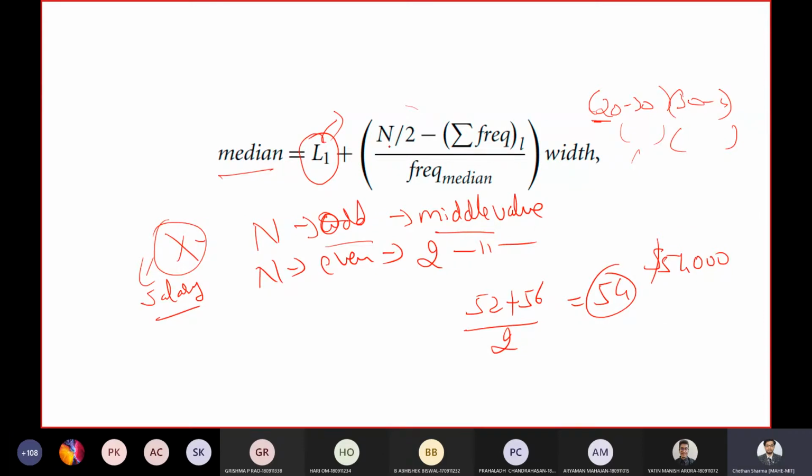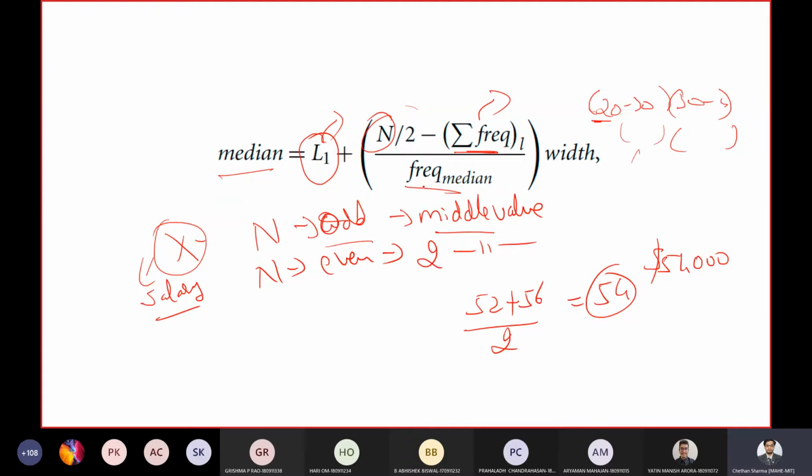N is the number of values in the entire data set, and sigma frequency is the sum of the frequencies of all the intervals in the data set.